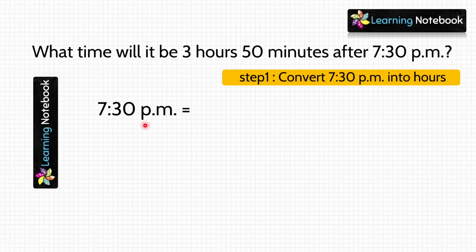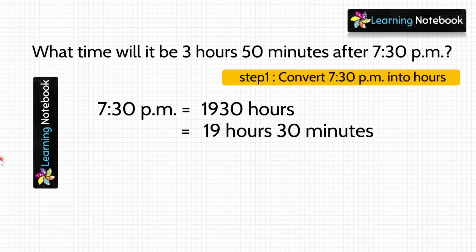Since it is p.m., we will add 12 hours to 7:30 and we get 1930 hours, which equals 19 hours 30 minutes.